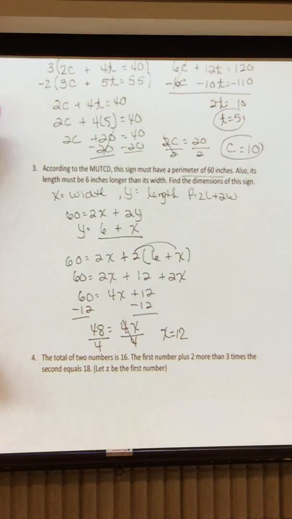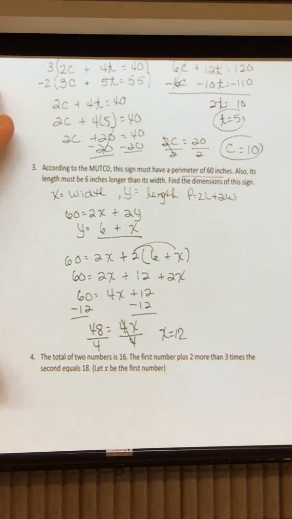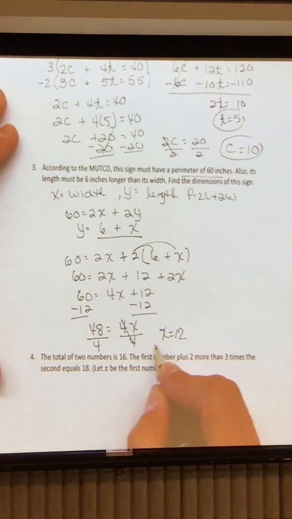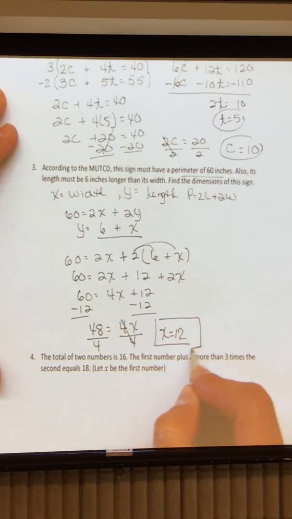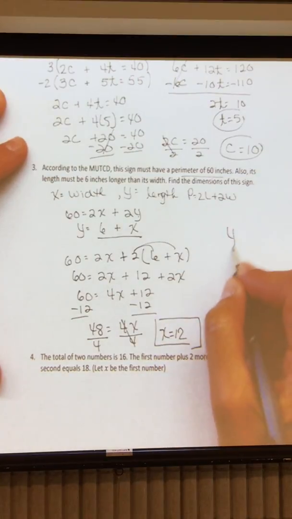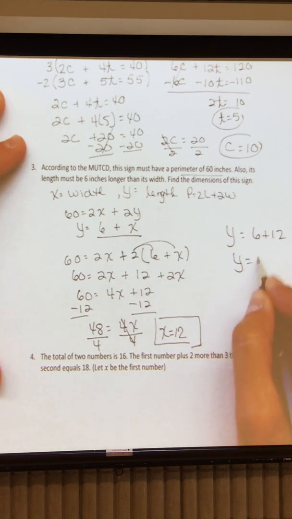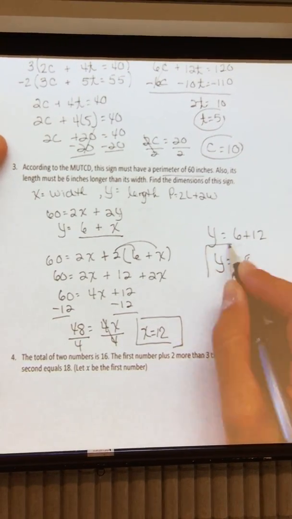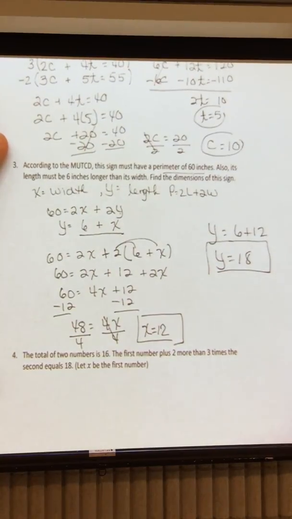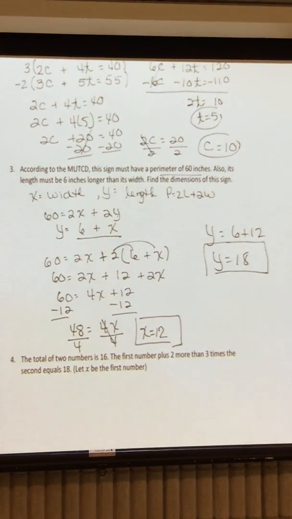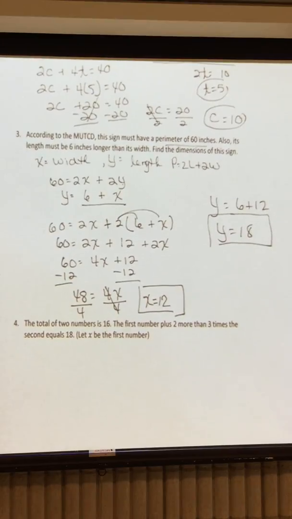And if x is equal to 12, that is our width. Our length is equal to 6 plus 12, which is equal to 18. So therefore, our length is 18 and our width is 12.